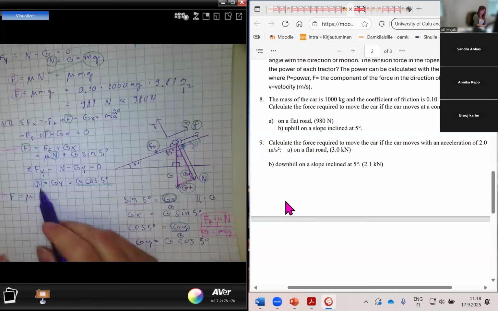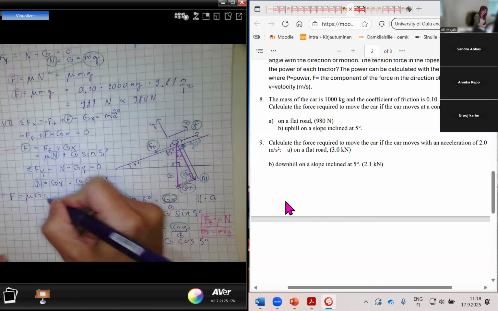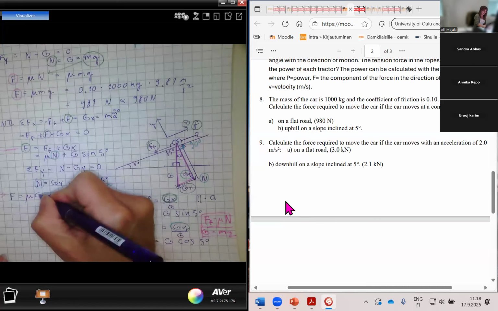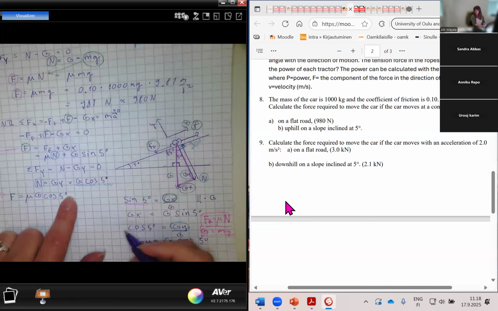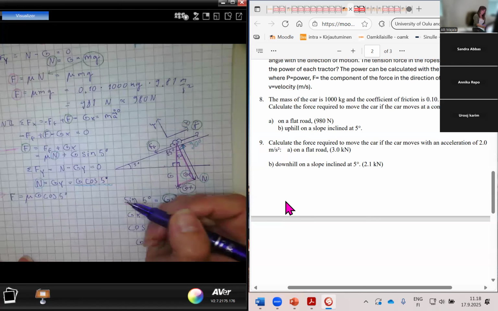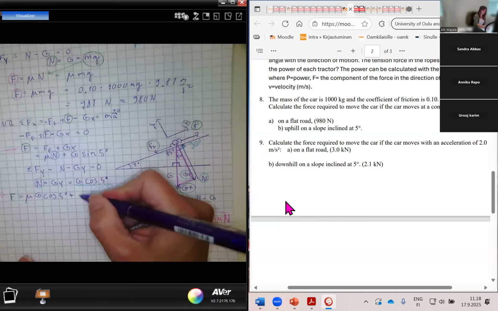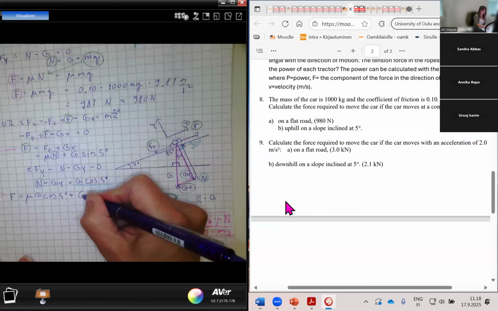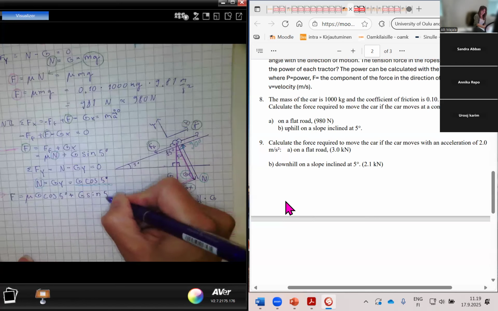Then I have the N, which appears in this kind of calculation: the G times cosine of the angle of the inclination. And then I also have to compute this component of the gravity.